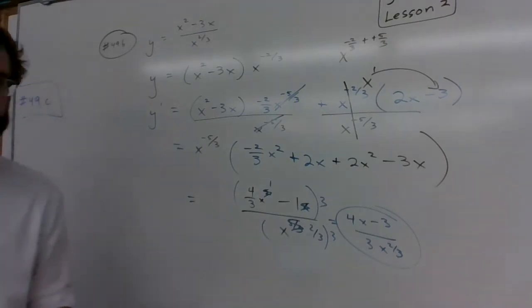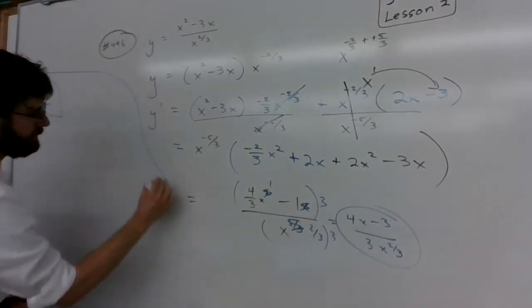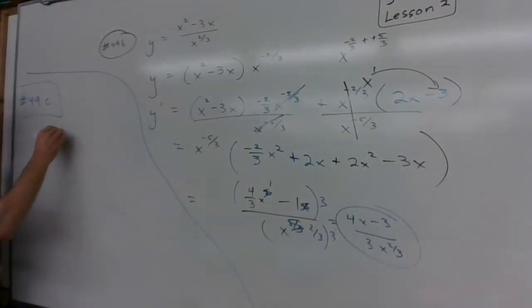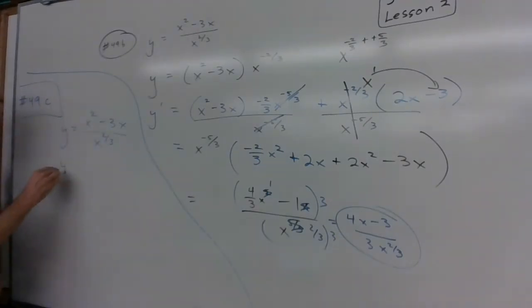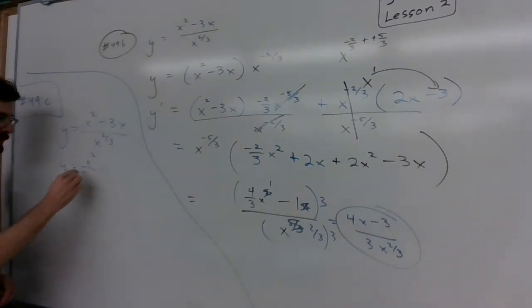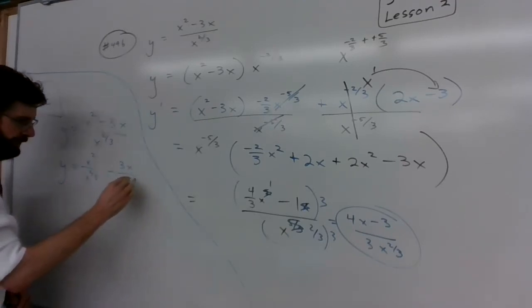Number 49C. Can you guys see that? Algebra first says take x squared divided by x to the 2/3, then take minus 3x divided by x to the 2/3.